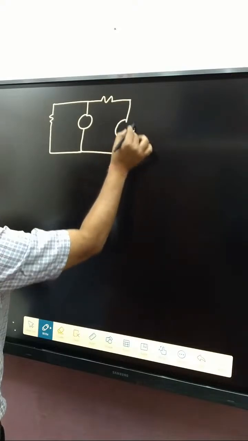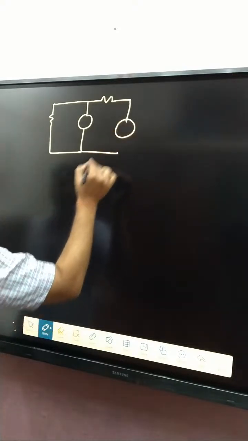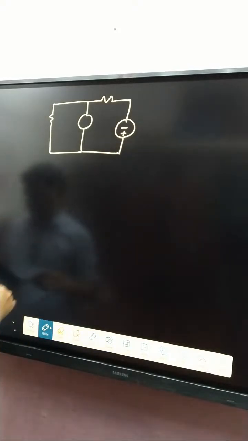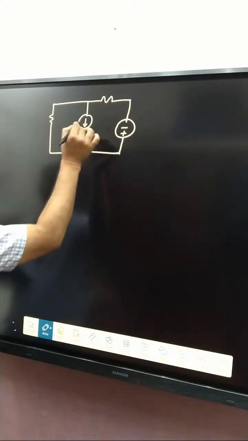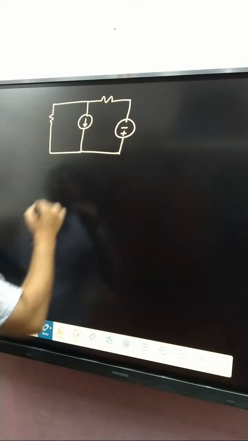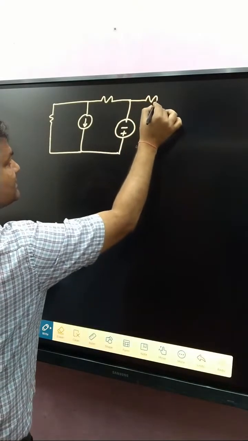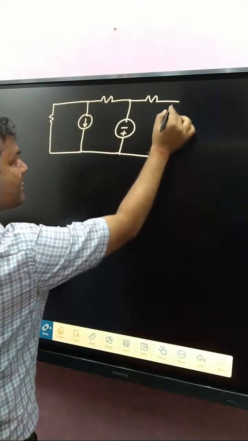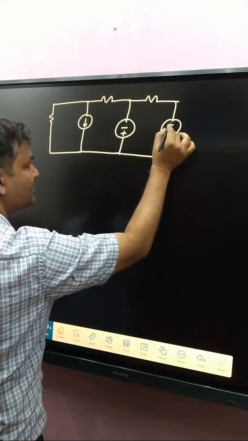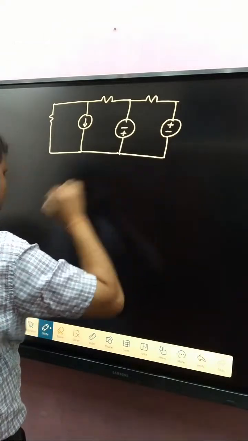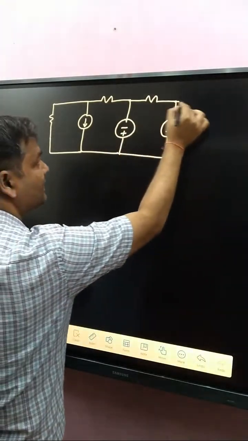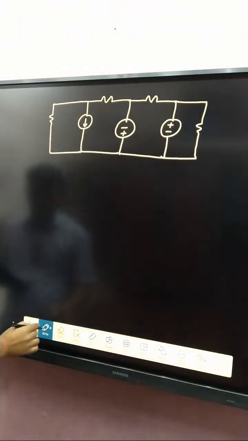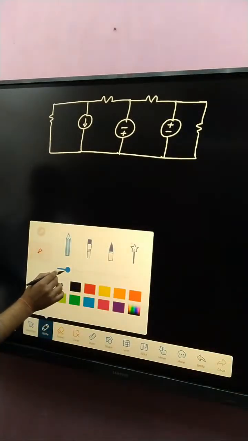After that, a voltage source, minus plus like that one, then a current source like that one. After that, a resistance. After that, one side is plus and here minus. After that one is how much? 2 kilo ohm.